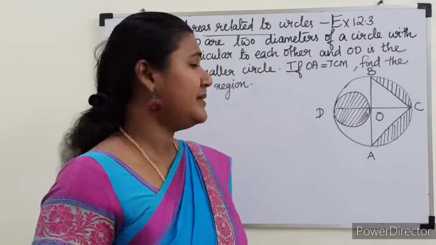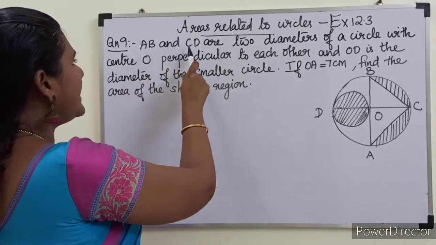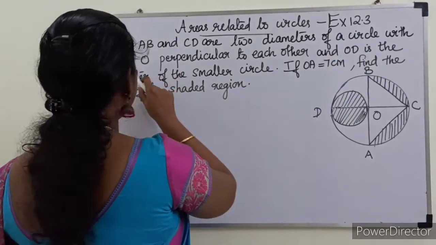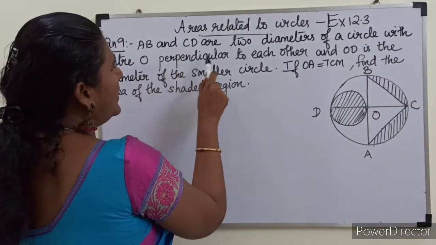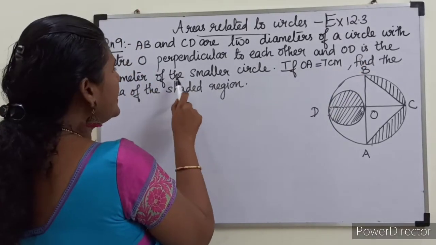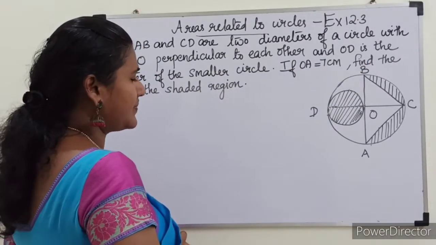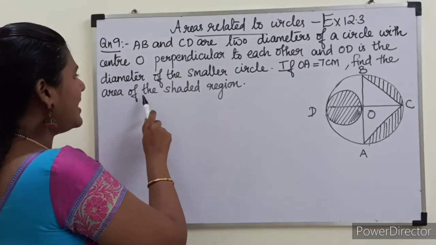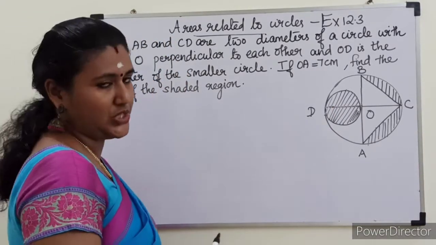Question number 9. AB and CD are two diameters of a circle with center O, perpendicular to each other, and OD is the diameter of the smaller circle. If OA is equal to 7 cm, find the area of the shaded region.